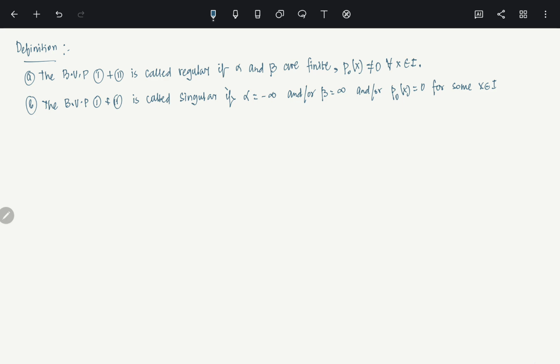If p naught of x is 0 at some point, there is some issue with that second order equation, and we call those types of equations singular problems. Again, if the interval we are working with is infinite, so minus infinity to infinity, minus infinity to alpha, or alpha to infinity, then we also call it a singular problem.